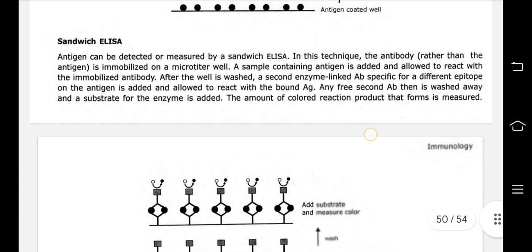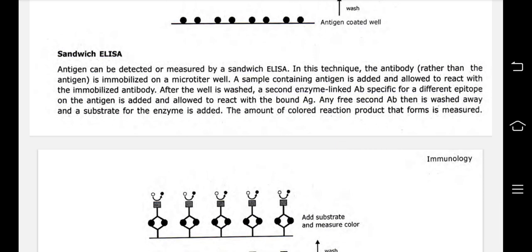And sandwich ELISA. Antigen can be detected or measured by sandwich ELISA. In this technique, the antibody rather than the antigen is immobilized by a microtiter well. A sample containing antigen is added and allowed to react with the immobilized antibody. After the well is washed, the second enzyme linked AB specific for a different epitope on the antigen is added and allowed to react with the bound AG.